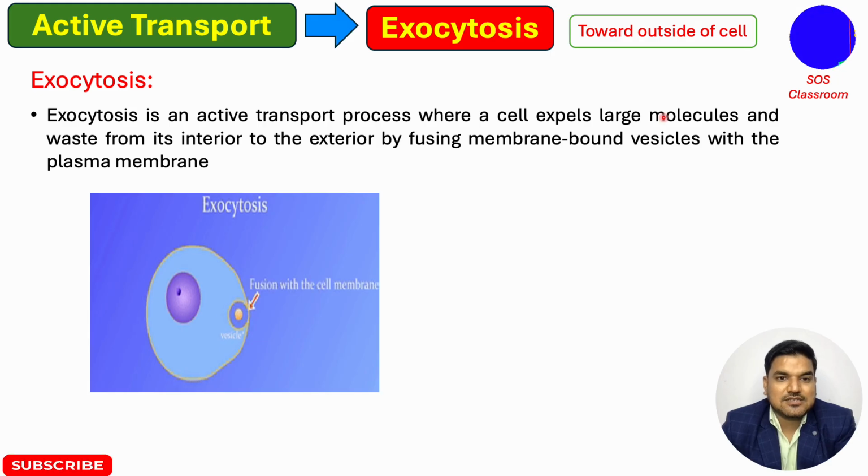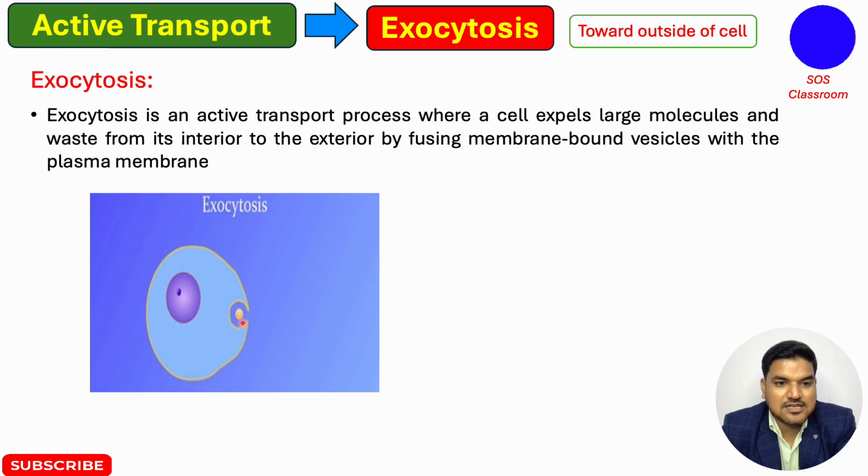So first of all, we discuss exocytosis. Exocytosis means toward the outside of the cell, the movement of molecules or substances from the cell to the outside of the cell. You can see the exocytosis process. These are the vesicles transferring from the inner environment to the external environment.